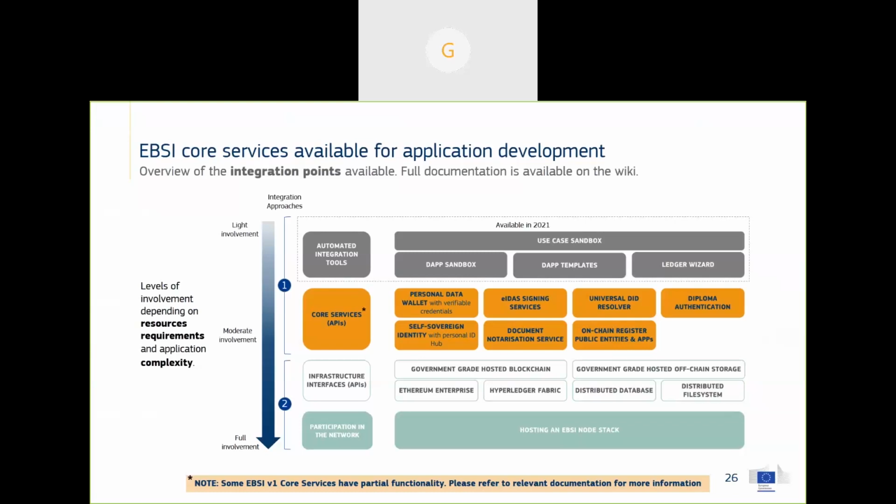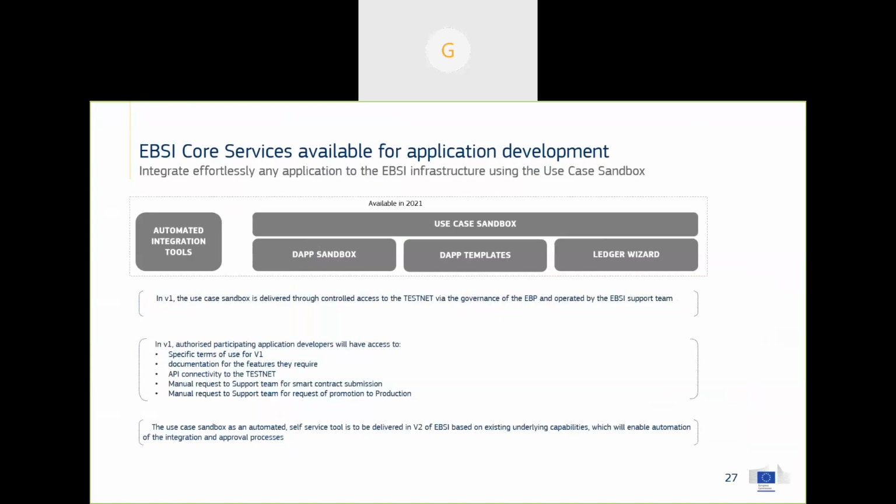So moving to the next slide, we can just really drill down on each of those areas. These capabilities are not automated in version 1, so in version 2 in 2021 they will be.